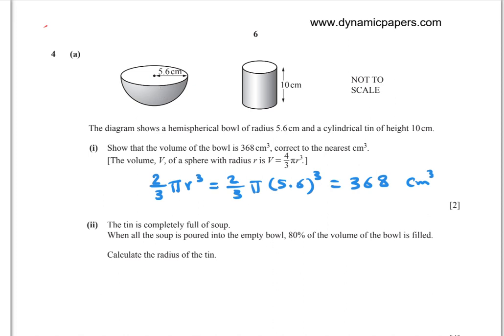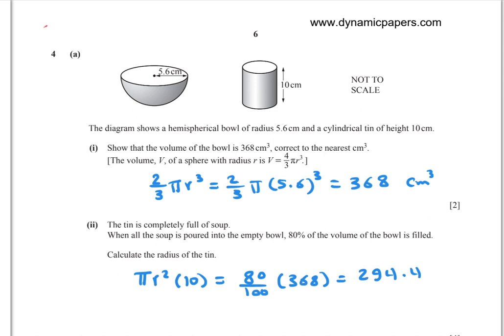So the volume of the tin, pi r squared times the height, which is 10, equals 80 over 100 multiplied by the volume of the bowl, which is 368, equals 294.4. So 80% of 368 means 294.4.